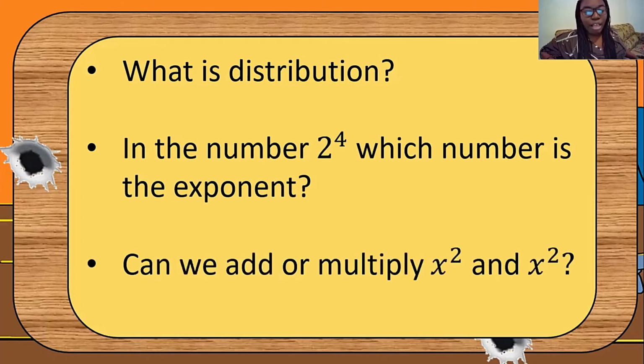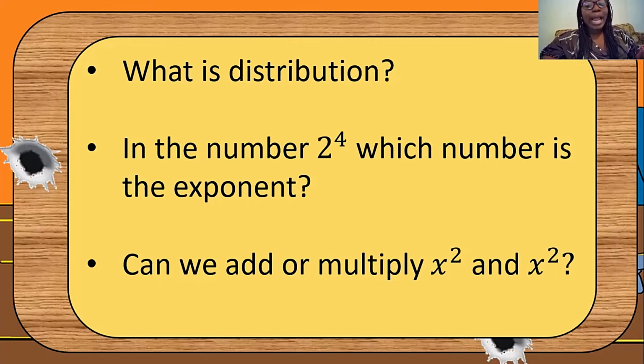Another one. Can we add or multiply x squared and x squared? Yes, we can add them, of course, because they are like terms. When we add them, we will get 2x squared.